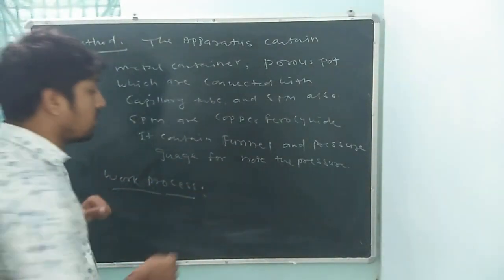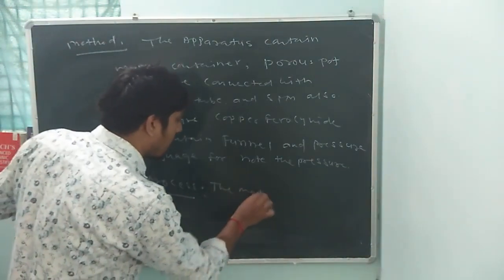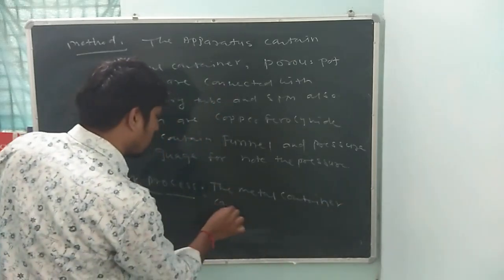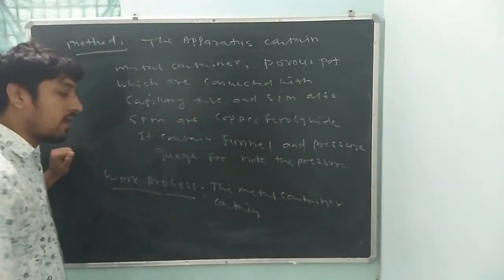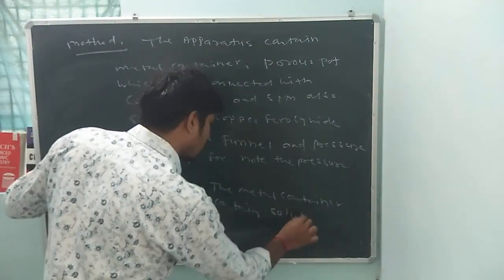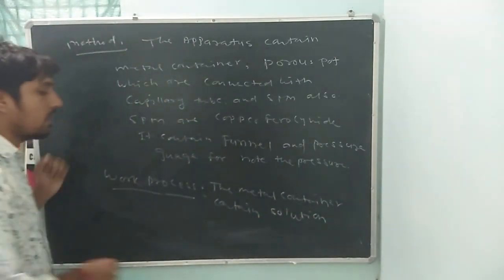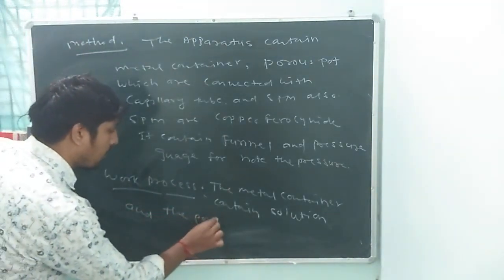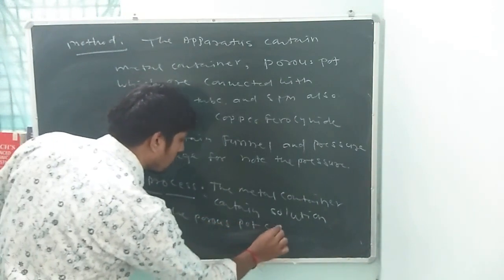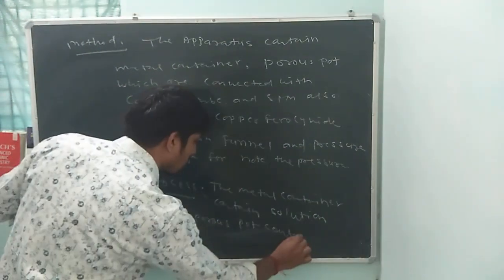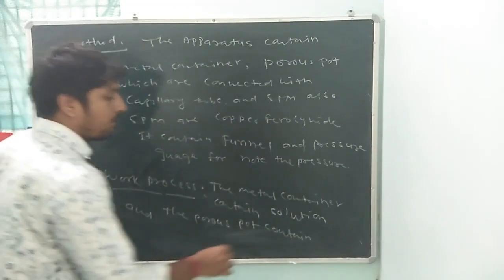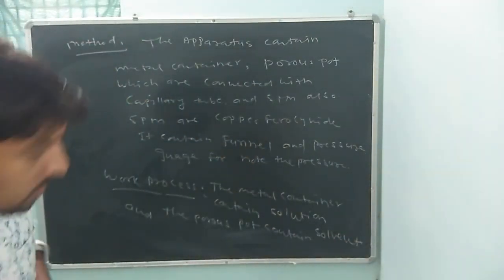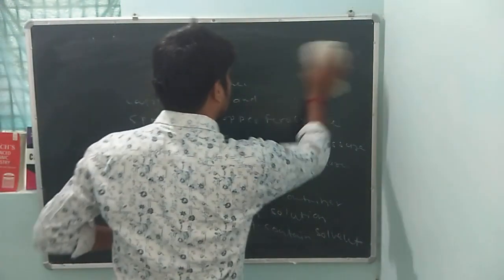In the work process, the metal container contains the solution, and the porous pot contains the solvent. You see in the diagram that the porous pot contains water, and water is the solvent here.